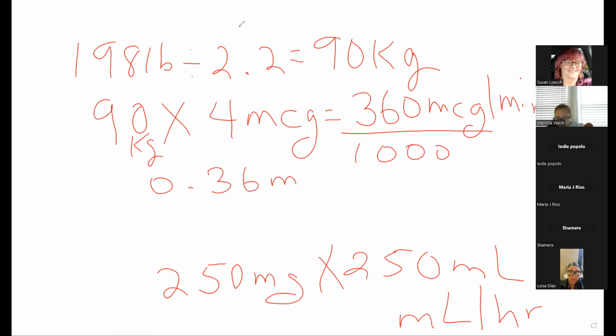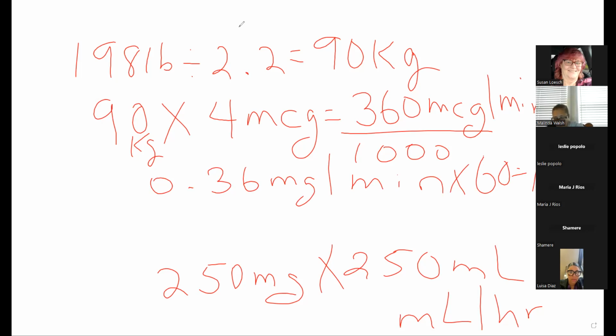0.36 milligrams per minute. Okay, so the next thing we have to do is convert our minutes to an hour. So to convert 1 minute to an hour, what do we do? We multiply by 60, right? Because 60 minutes equals 1 hour.